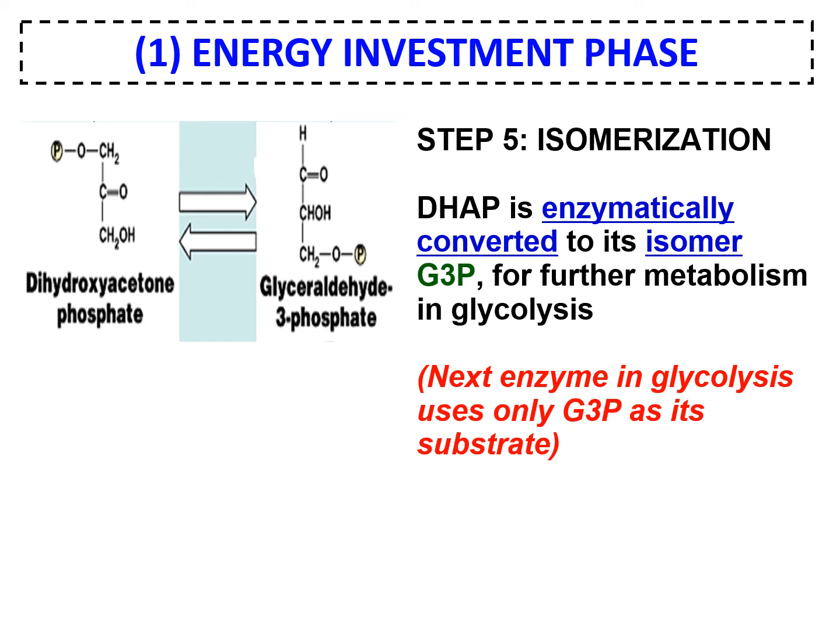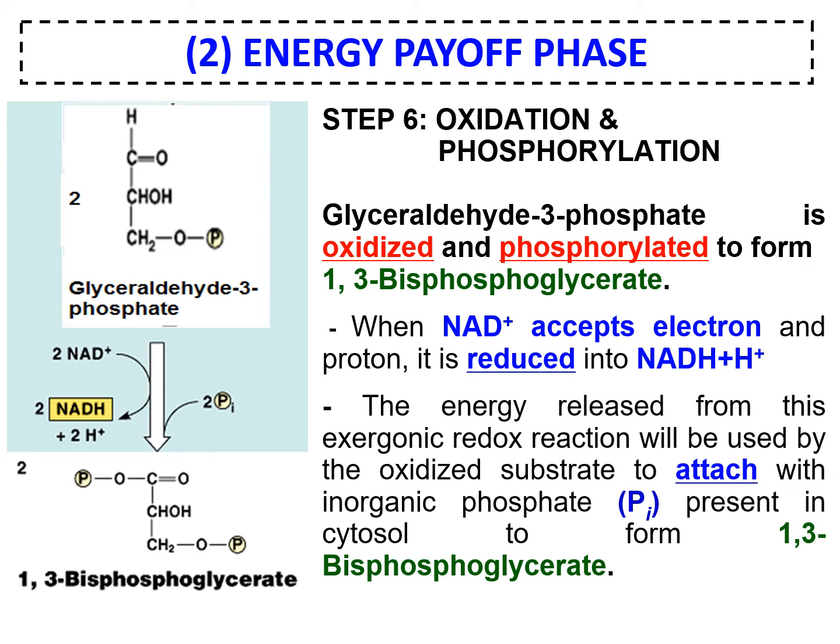Because only glyceraldehyde 3-phosphate can continue, okay, because the enzyme in step 6 can only take glyceraldehyde 3-phosphate as its substrate. Step 6 involves oxidation and phosphorylation.